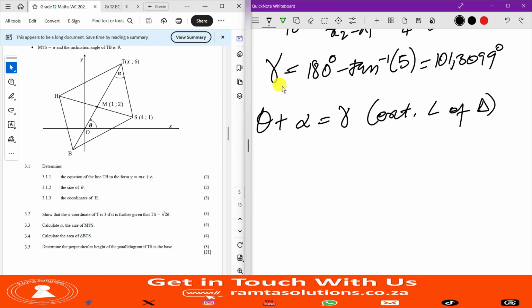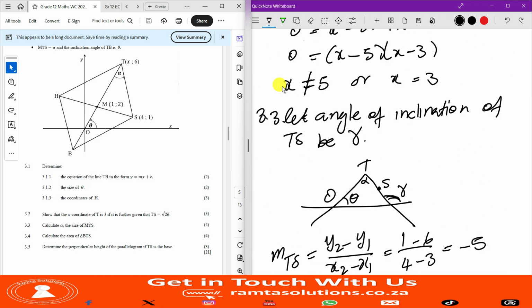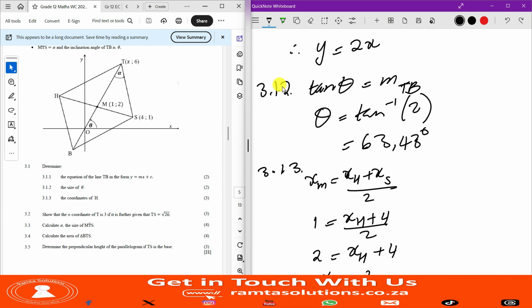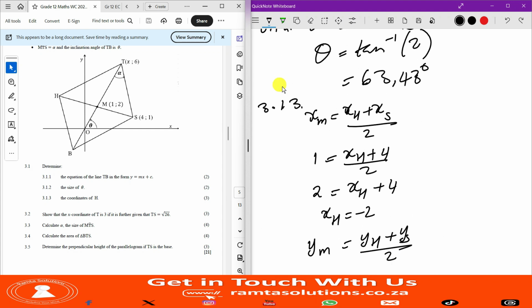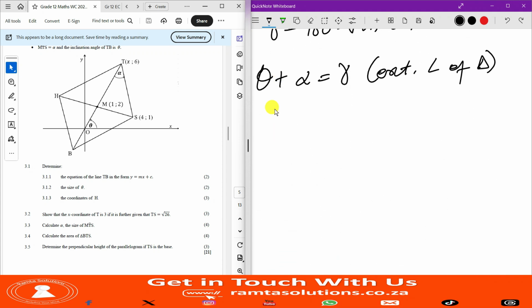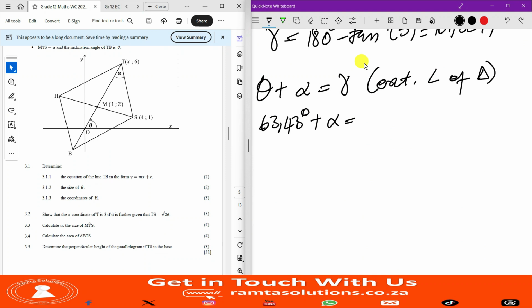So what is theta? Did we even find theta? Oh, it was 63.43. So it was 63.43 degrees. Alpha, we do not know. Gamma, what were you?